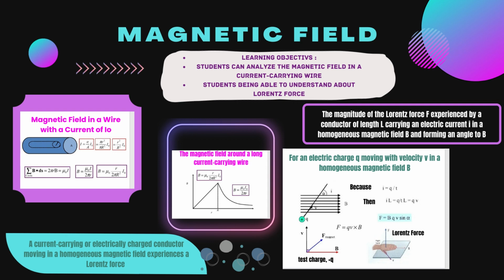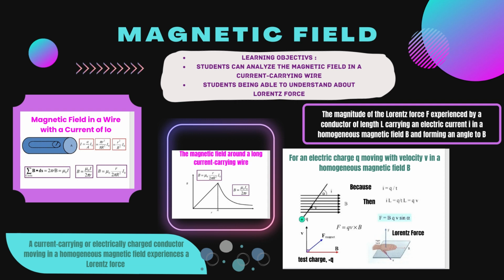The formula is I equals A in lowercase over A in uppercase times I0, or I0 equals pi r squared over pi R in uppercase squared times I0 equals r squared over R squared times I0. The closed integral of B times ds equals 2 times pi times R times B equals mu naught times I.